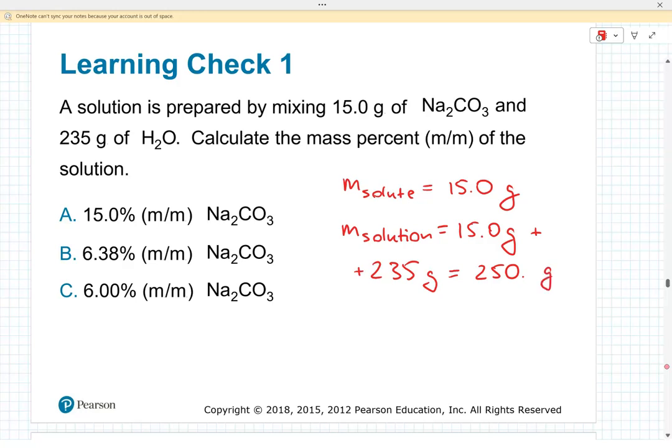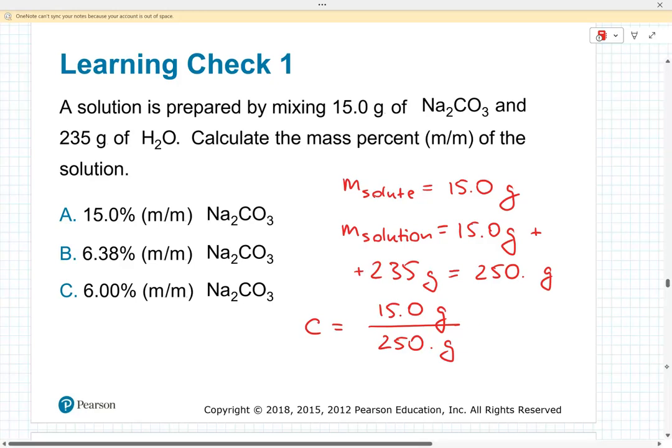Okay, sounds good. So how do we find concentration? We divide 15 grams by 250, and multiply by 100%, 6%. Okay? Am I making sense? Excellent.